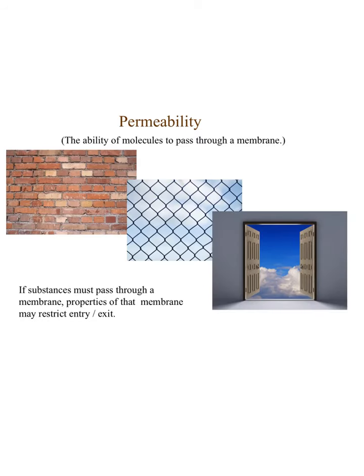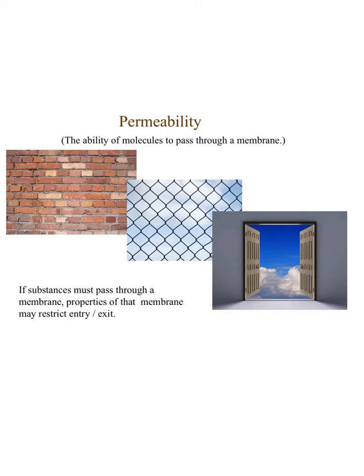All right, a very important point. We said that diffusion will happen as long as molecules can get across a membrane. But remember that the purpose of a membrane is to control what goes in and out. So, turns out that properties of the membrane are going to restrict entry or exit of molecules.